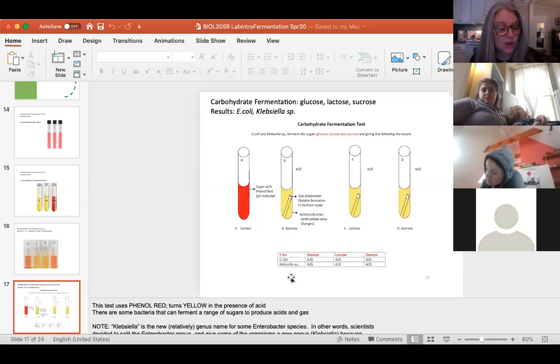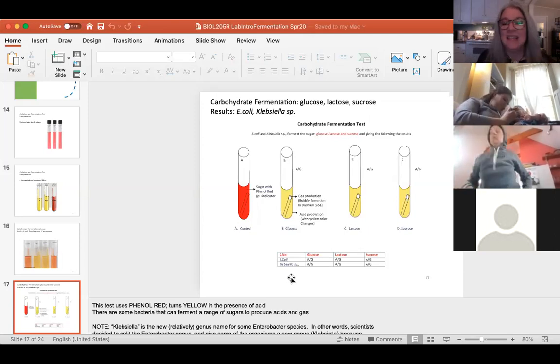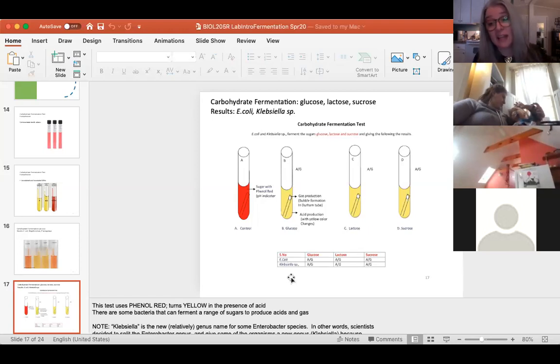And then the next organism down, remember you crossed out Enterobacter and you wrote in Klebsiella. Here's a little trivia for you. Klebsiella used to be called Enterobacter.